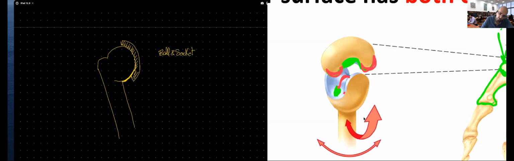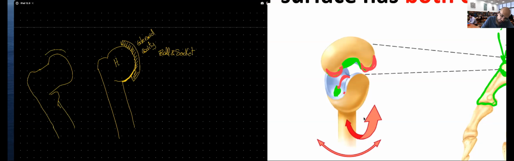Those are the articulation of the head of the humerus with the glenoid cavity of the scapula, and the articulation between the head of the femur and the acetabulum of the coxal bone.